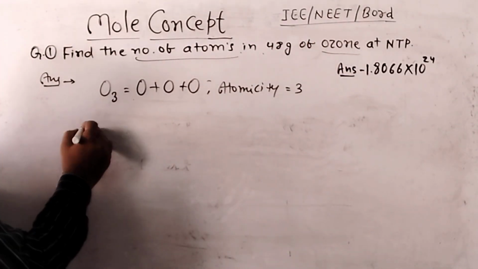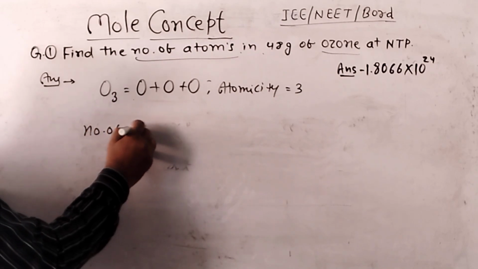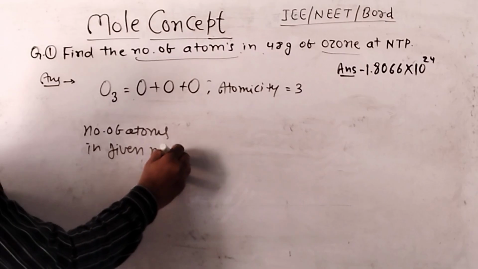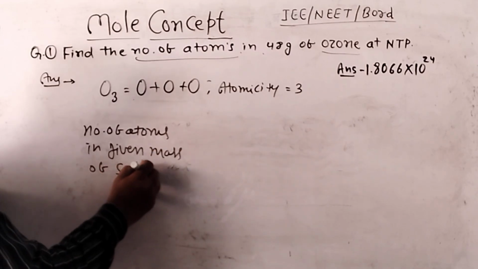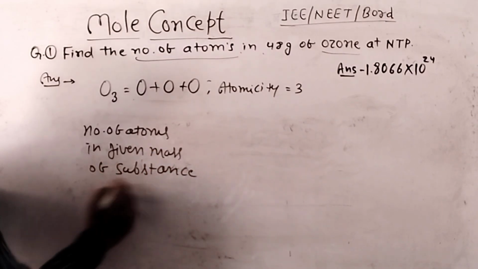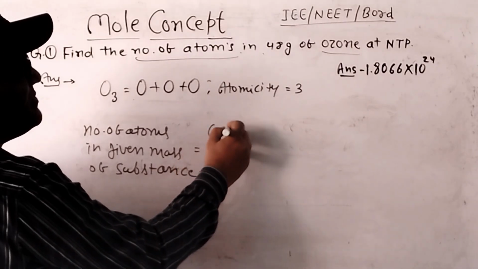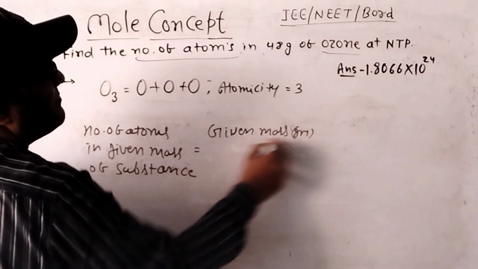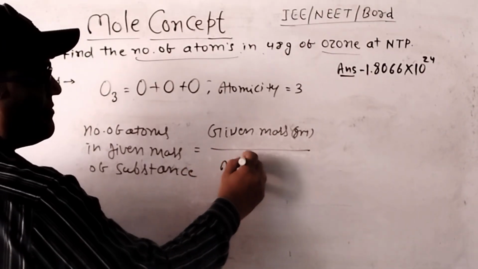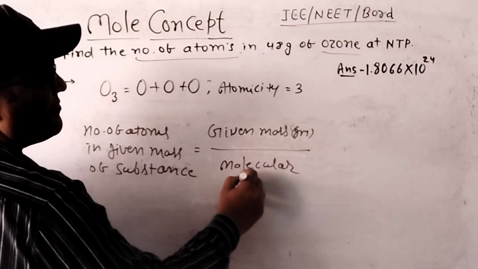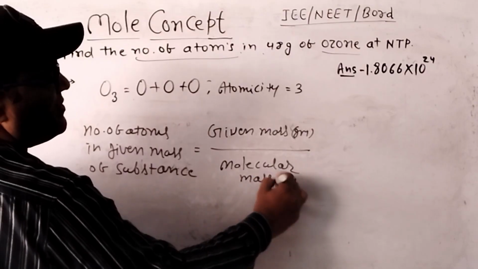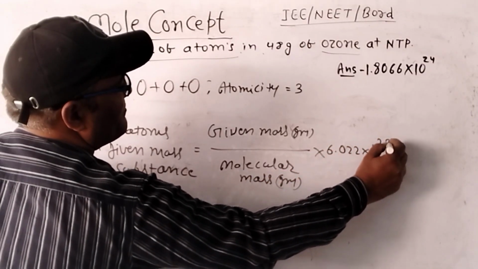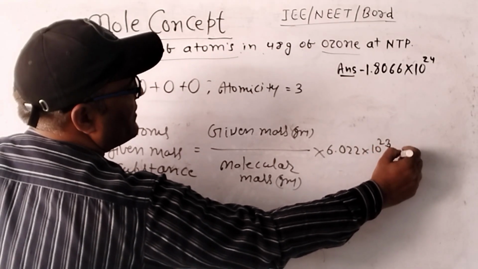Actually, the formula for the number of atoms in a given mass of substance in gram is: given mass of substance in gram divided by molecular mass of substance in gram, multiplied by Avogadro number 6.022 into 10 to the power 23, and multiplied by atomicity.